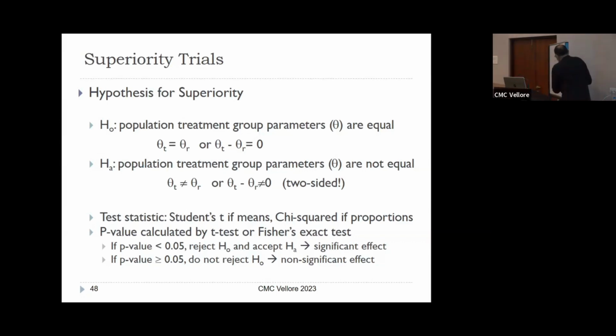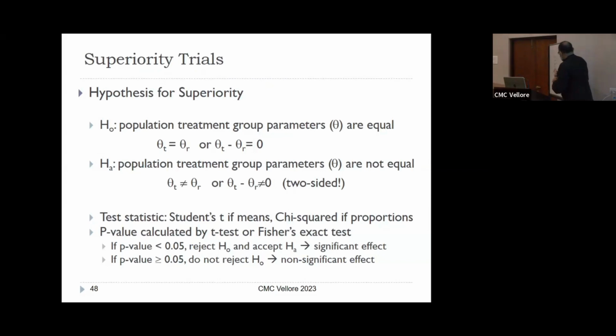But what happens is that if I do it two-sided, then this is 0.025 here and 0.025 here. And this value, this is the standard normal distribution, is 1.96, and this is minus 1.96.